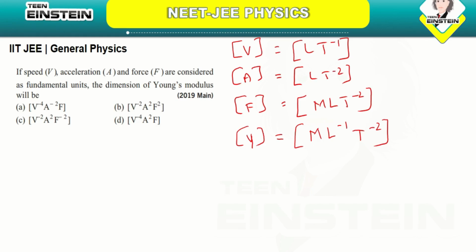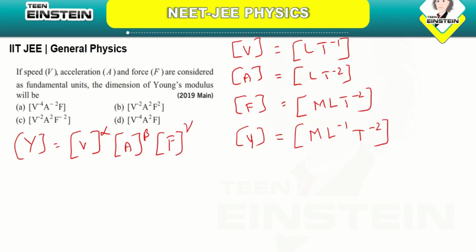Okay. So let the dimensions of Young's modulus expressed in terms of speed, acceleration and force, y is equal to v power alpha, a power beta and f power gamma. Okay. So v is the speed, a is the acceleration and f is the force.